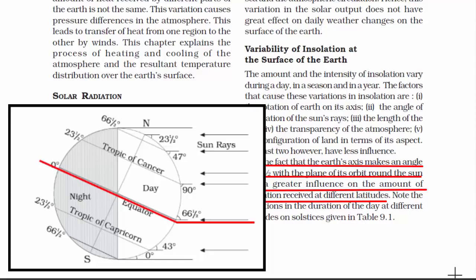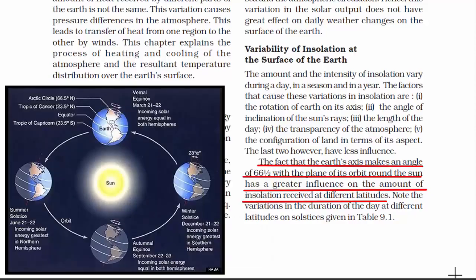It is always at this angle, 66.5 degrees, remember this. Now, due to this position of the Earth on its own axis, the amount of sun rays falling on Earth's surface varies with latitude. During summer solstice, that is in the month of June, the northern hemisphere is tilted towards the Sun, and the northern hemisphere receives more sun rays. That's why it's summer in the northern hemisphere in the month of June.